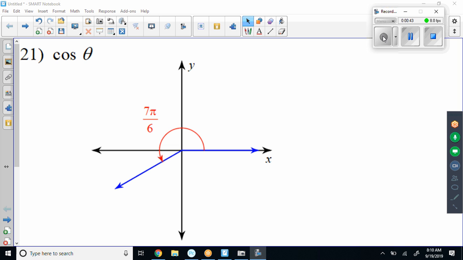X. So the first thing that I would do on a sheet somewhere is I'd put X is cosine, Y is sine theta, right? I would write that down because it is very easy to make that mistake. And then I would look at tangent. Tangent is Y over X, sine over cosine, right?